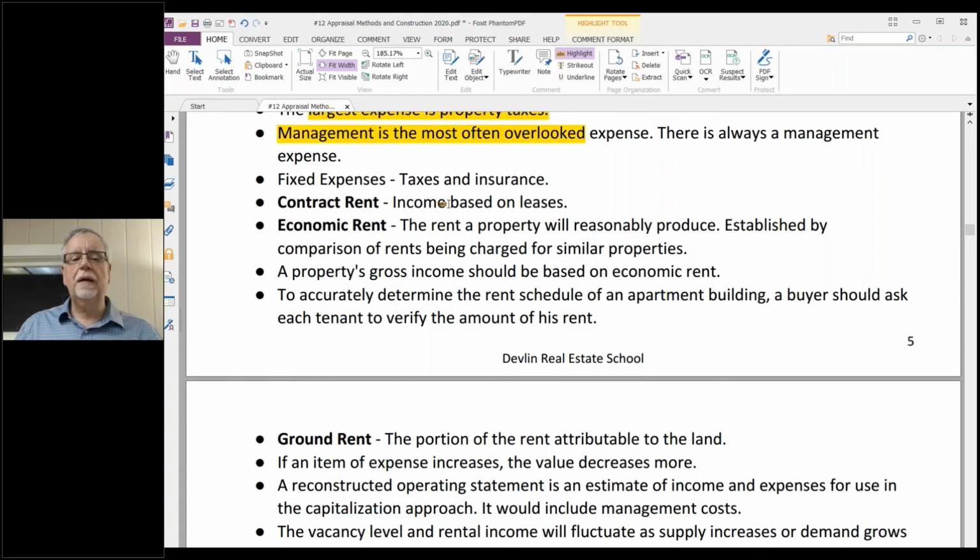Contract rent is based on the leases, but economic rent is the rent it will reasonably produce, which is established by comparison of rents. So one of the issues involving one of our transactions in the lease is that the lease has several years left to run, and the lease is below market as to its rate, right?